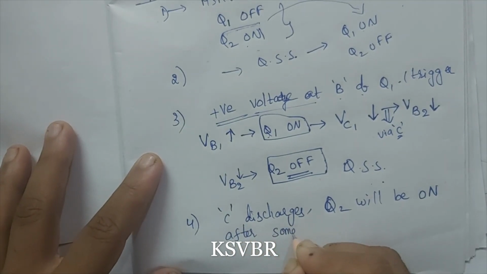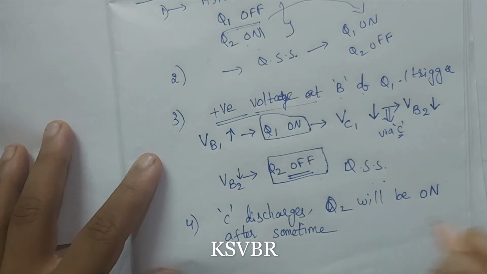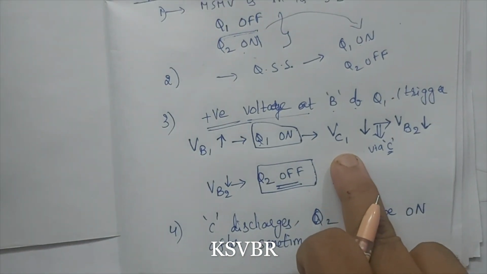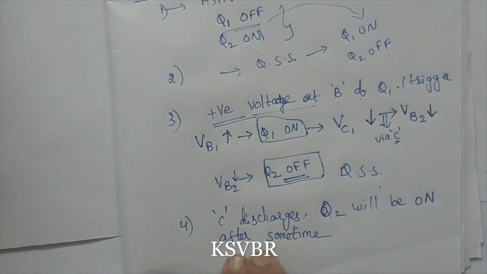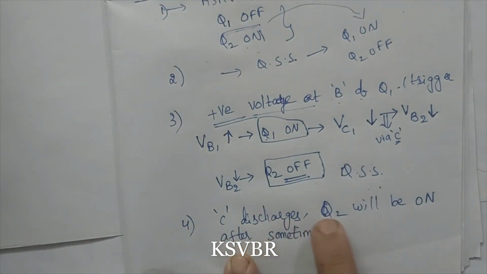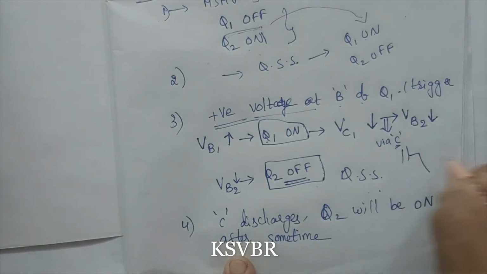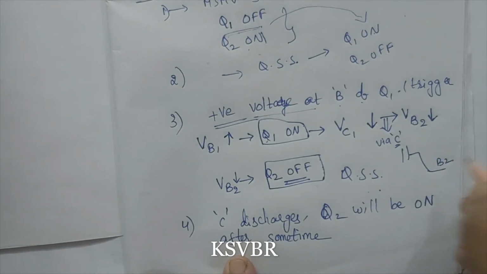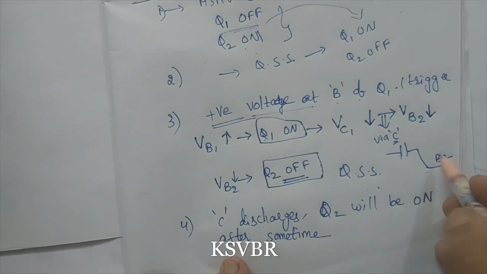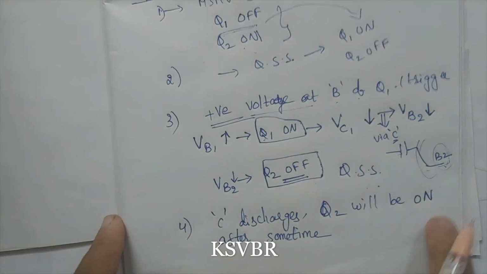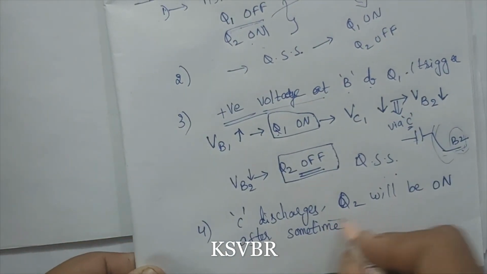Because of this VC1 voltage, the capacitor charges and discharges. During the discharge period, it discharges through the crossing method via this path, which is base 2, making the Q2 transistor go into on condition. So now Q2 is on.